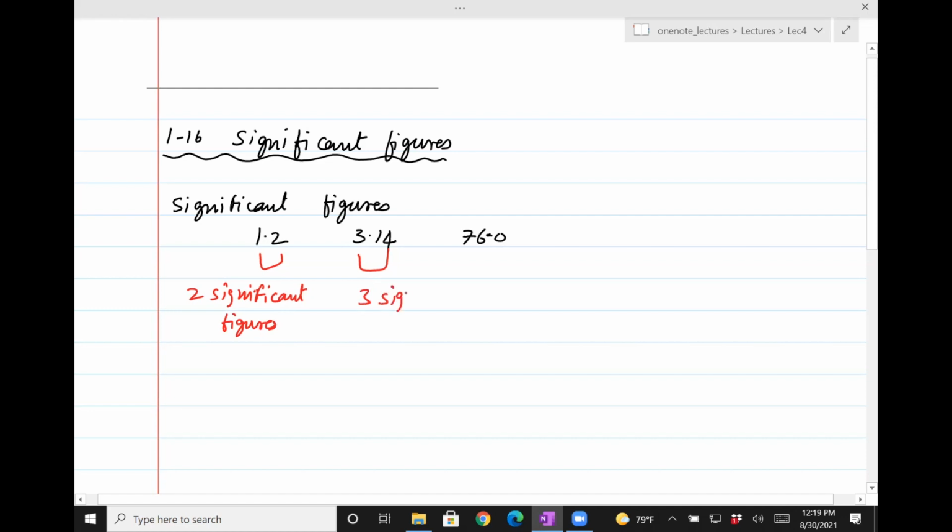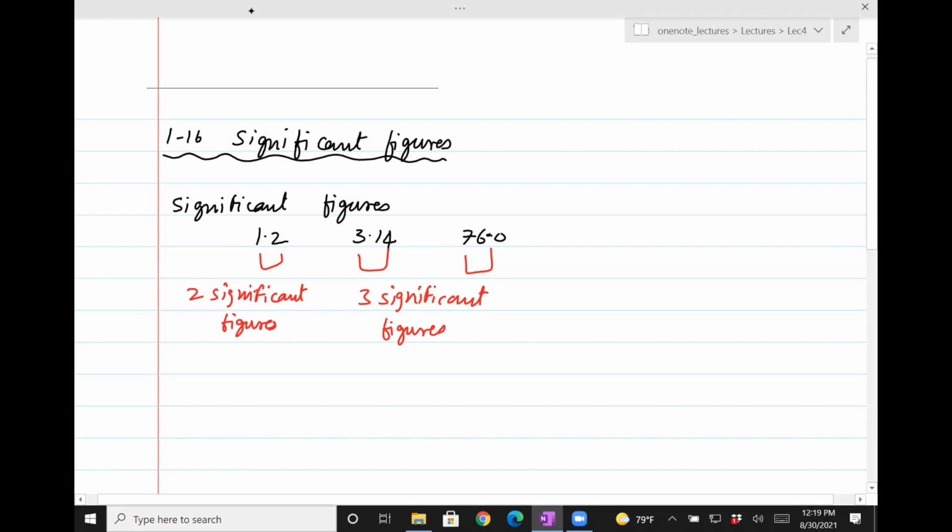Three. Okay, so the number of digits you show up is the significant figures. And so when you're communicating with somebody else, it's kind of important to decide the number of significant figures which you'll be using. You don't just put like 10 significant figures.